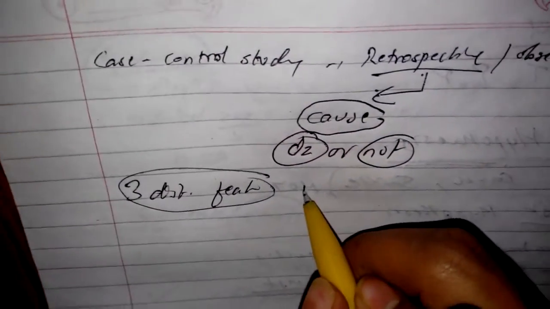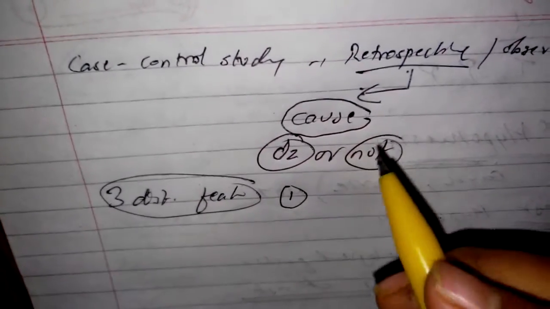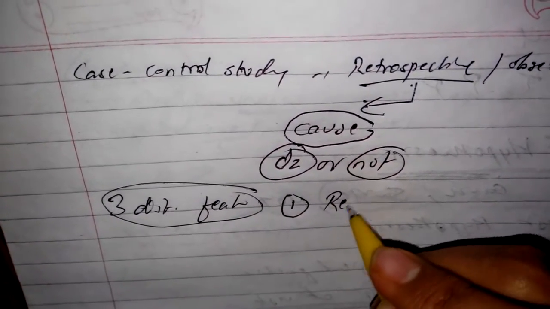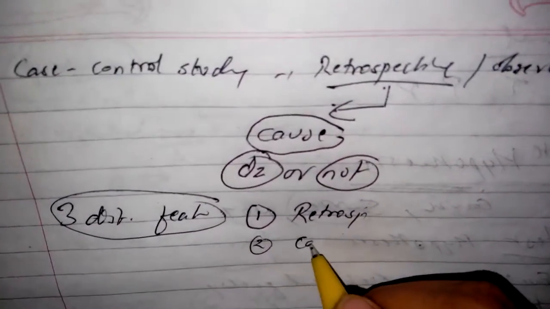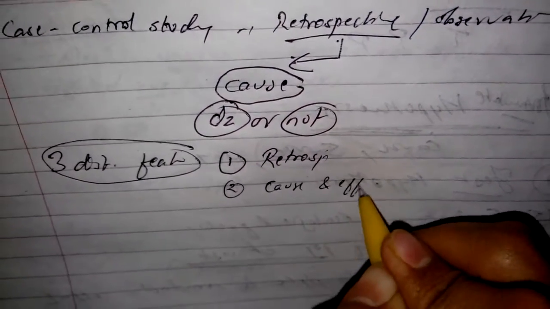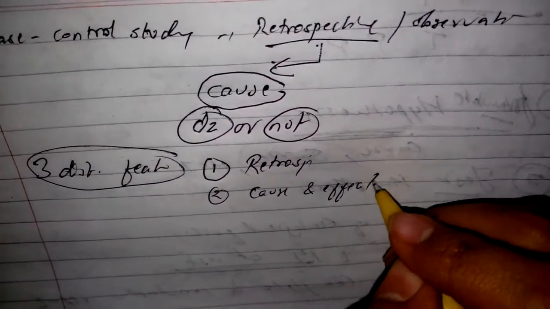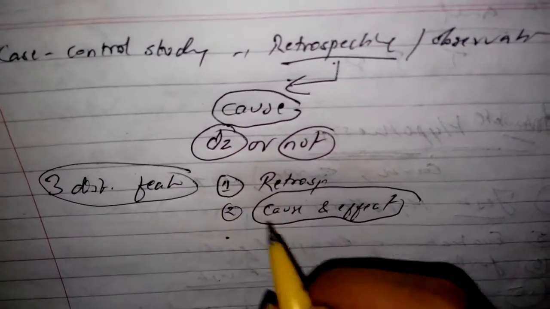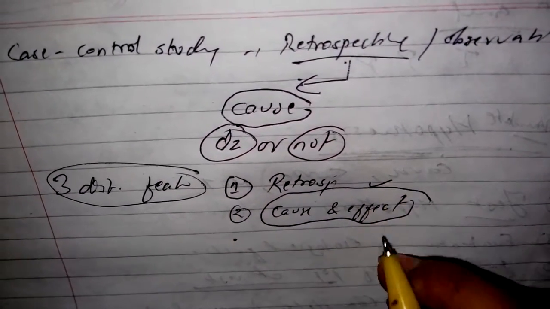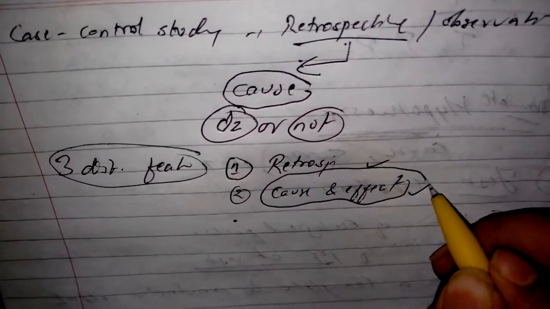Now there are three distinctive features of this case control study. Since it is a retrospective study, the cause and the effect both have occurred before we start the study. The cause and effect have already occurred in the population.